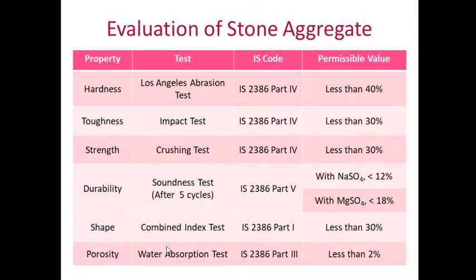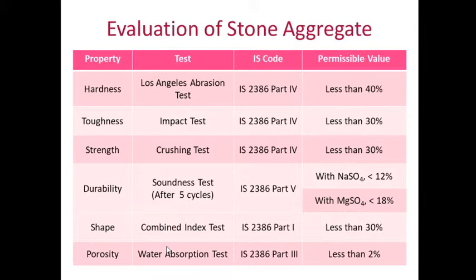The hardness can be determined by conducting the Los Angeles abrasion test according to IS 2386 part 4. The permissible value of hardness is less than 40%. Next, toughness. The toughness can be determined by conducting the aggregate impact test as per IS 2386 part 4. The permissible value of the toughness should be less than 30%.